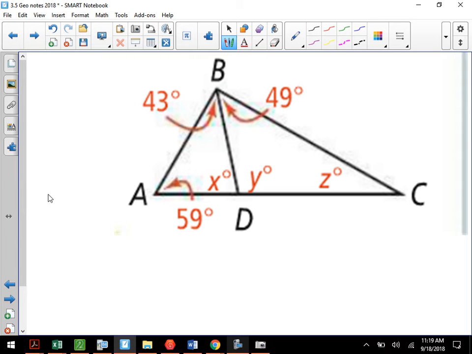If you have an angle on the outside, what does it always equal? It equals the sum of the two it doesn't touch. So you get a bunch of that stuff to work with. So take a second, draw that out, and there's multiple ways for us to figure out what those missing angles are. It's just a matter of picking a spot and figuring out what you want to do.